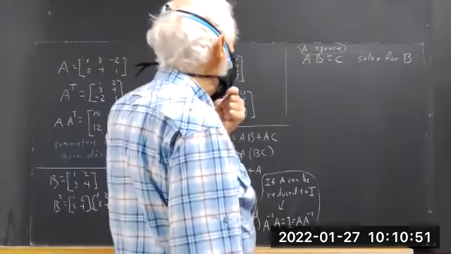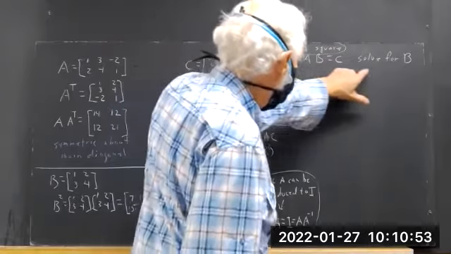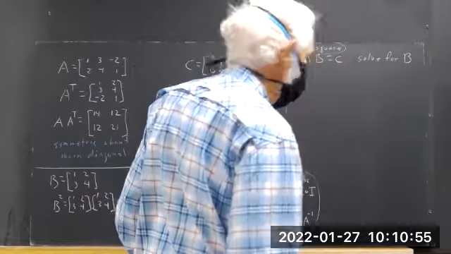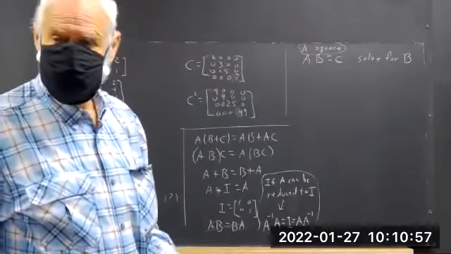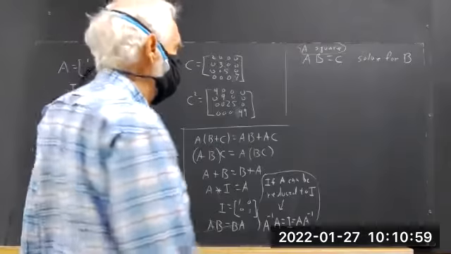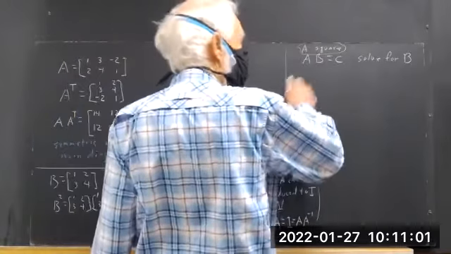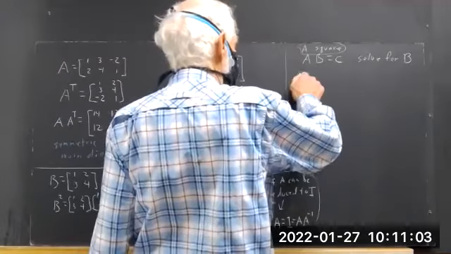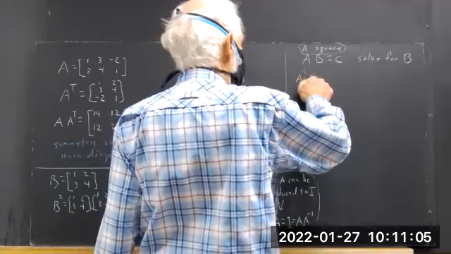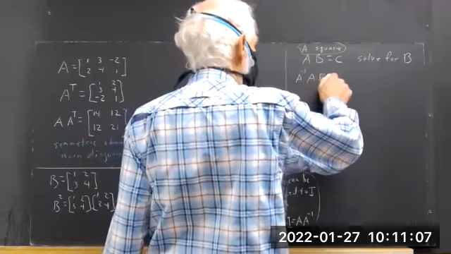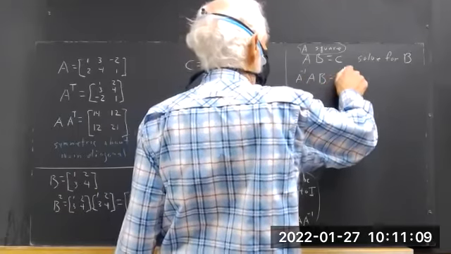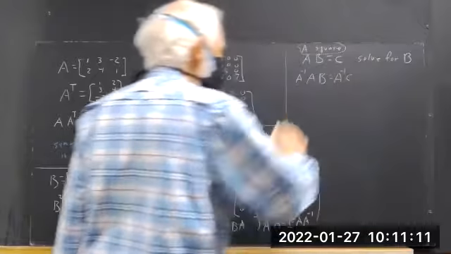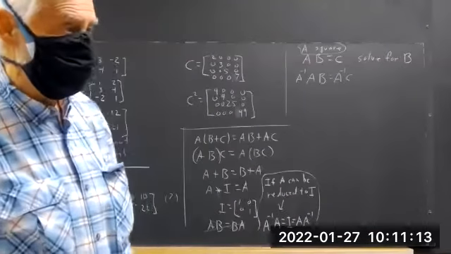Okay, anyhow, you've got a square matrix, A B equals C. Easy to solve for B. You can't multiply by the reciprocal of A, but you can multiply by the inverse, which is equivalent, right?